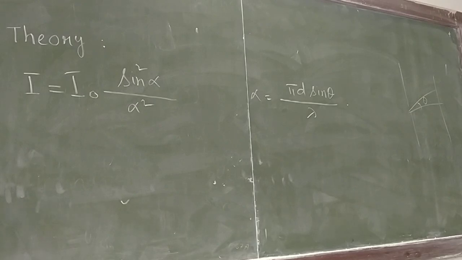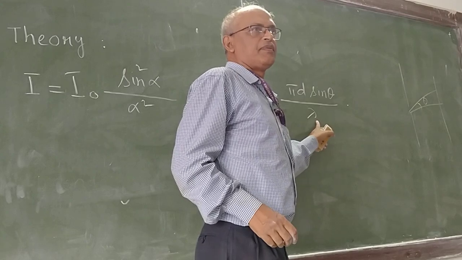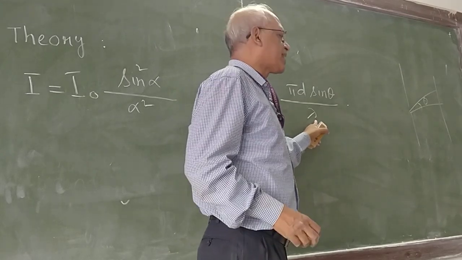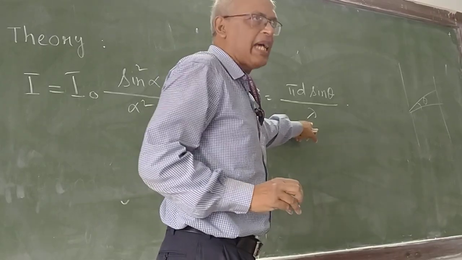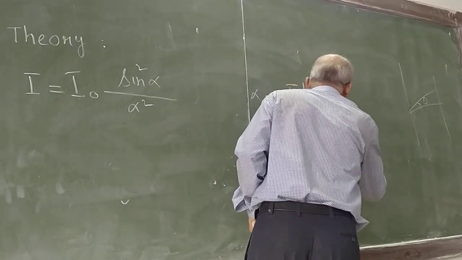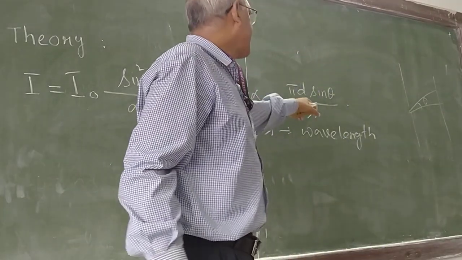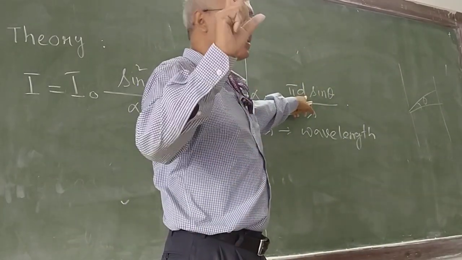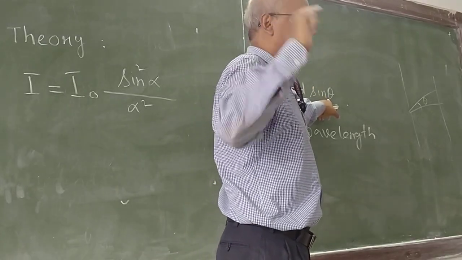Understand? Alpha is pi d sin theta by lambda. Lambda is the wavelength. Pi is pi. What is d? d is the width of the aperture. What is theta? Theta is the diffraction angle.